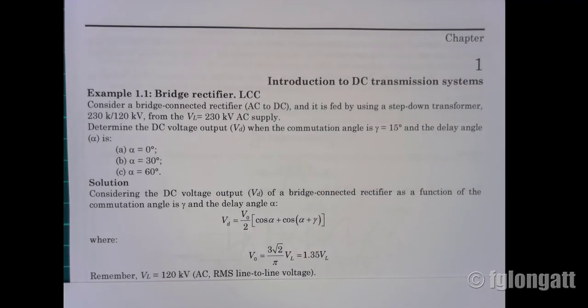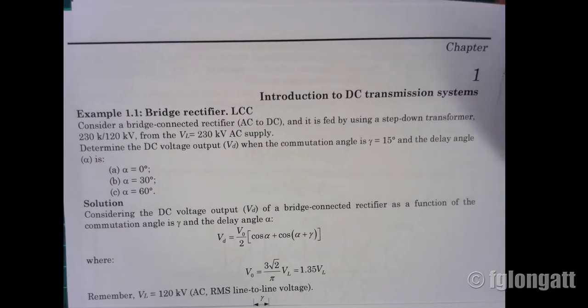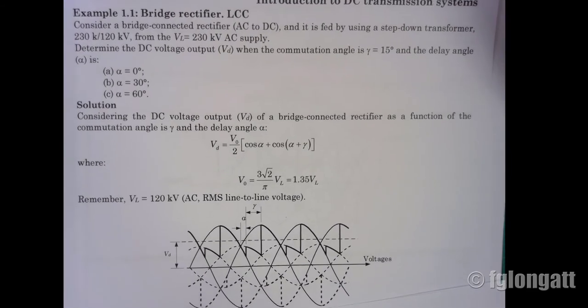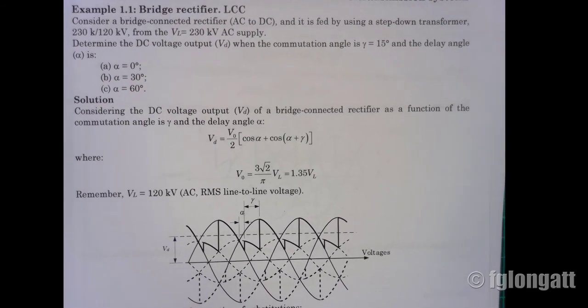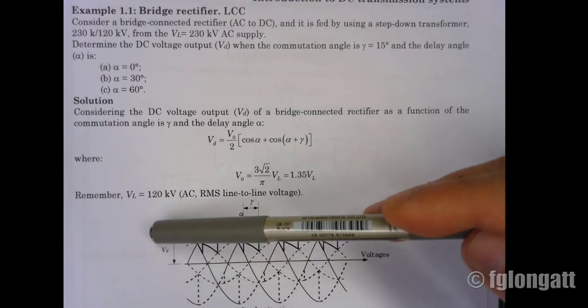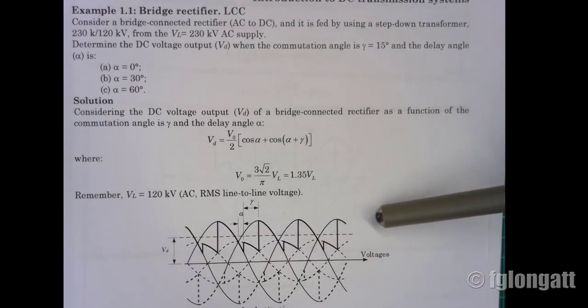Okay, and over there, what we need to do is take that number in consideration. And the next step is extremely simple. You must be familiar with what we are doing here. What we are doing here is this equation over here, V sub D is equivalent to the DC output voltage over here.